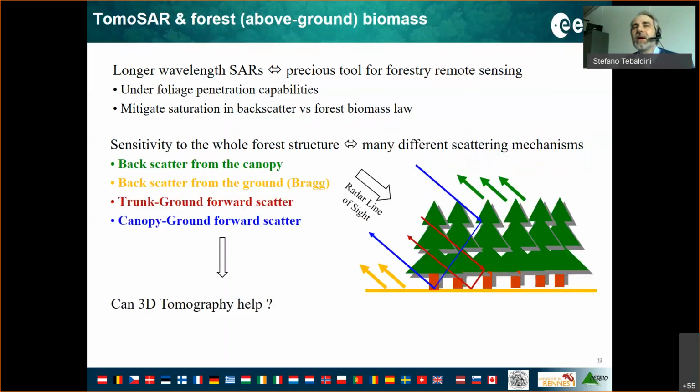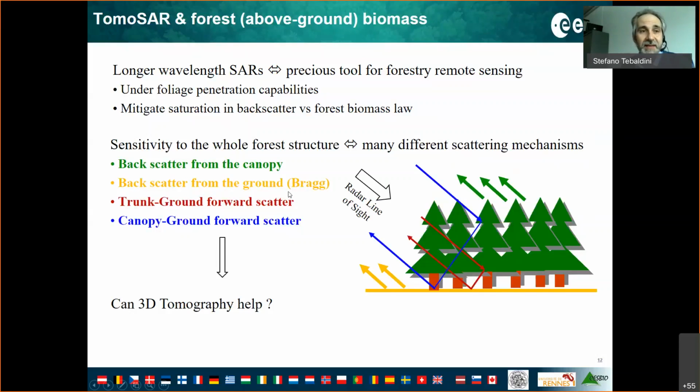But what was observed in subsequent studies was that being sensitive to the whole forest structure also means that we are sensitive to many different scattering mechanisms. So we are for sure sensitive to backscatter from the canopy. We are for sure sensitive to trunk-ground forward scattering, but we are also sensitive, for example, to canopy-to-ground forward scattering.